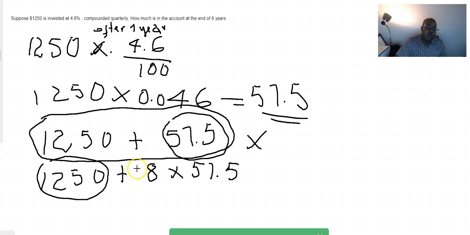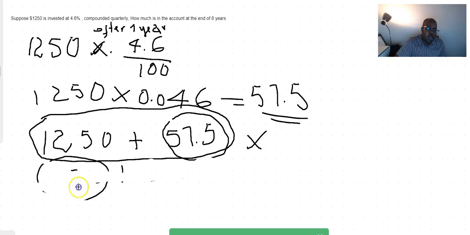Let's erase this part. This part is only if I just take my interest every time: 8 times the interest plus the initial capital. That's simple interest. But when I leave my capital, it's going to be different because I'm going to have to add this.